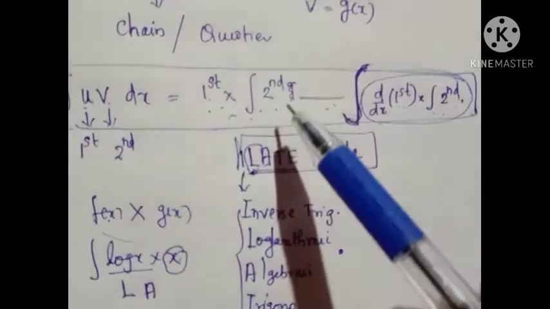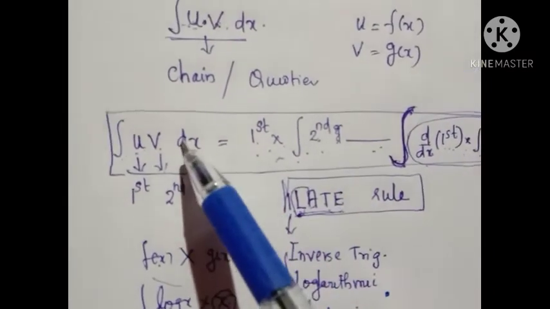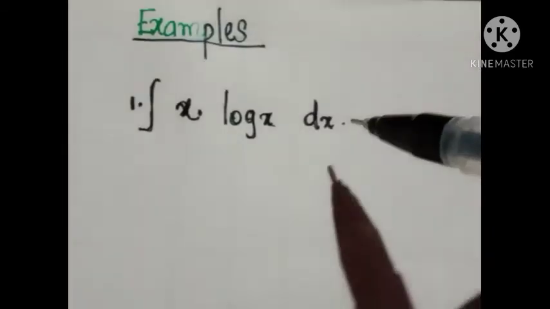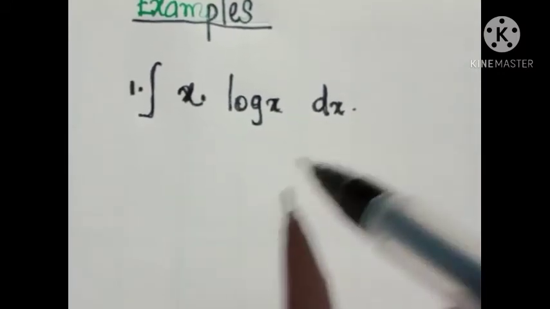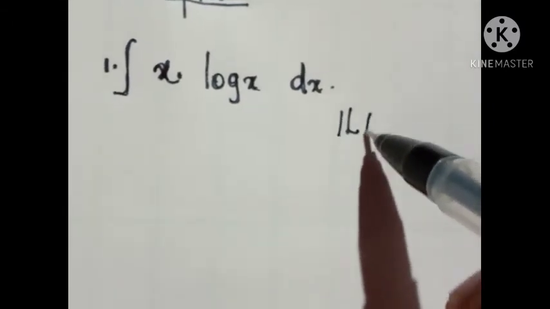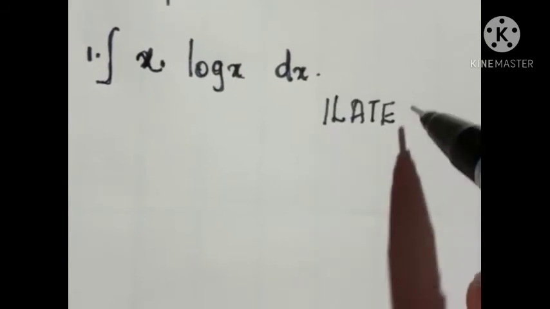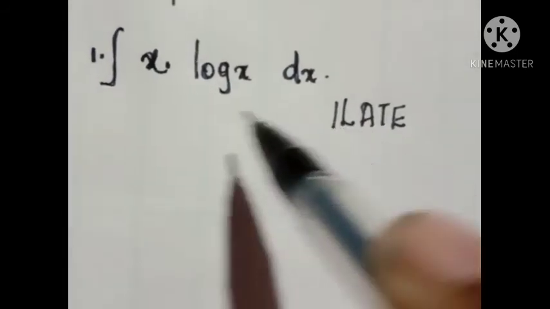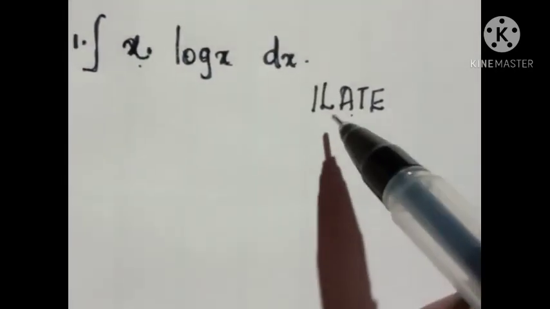Now we will see some examples of how to integrate the given function by parts. Let's see the example: integral of x into log x dx. First, we note down the ILATE rule. Here x is an algebraic function and log x is a logarithmic function.